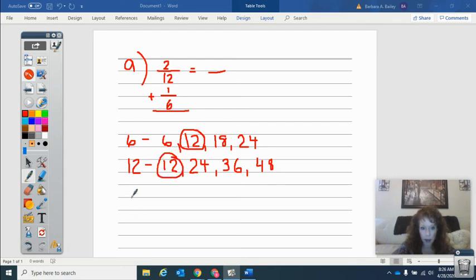So my lowest common multiple of 6 and 12 is 12. I should have put more space here, but I'm just going to erase that for right now.